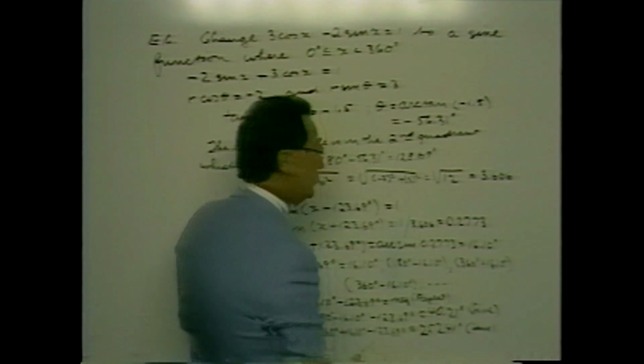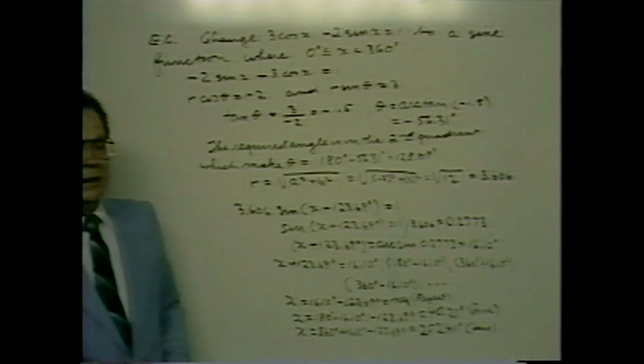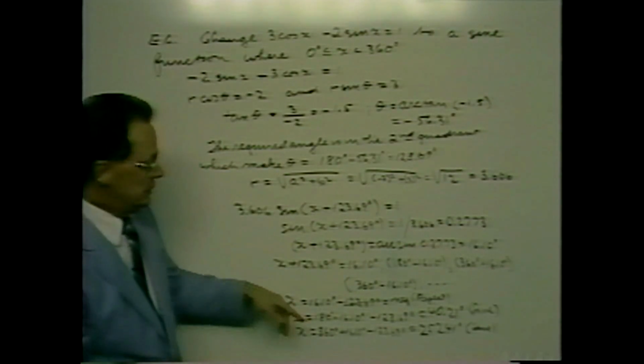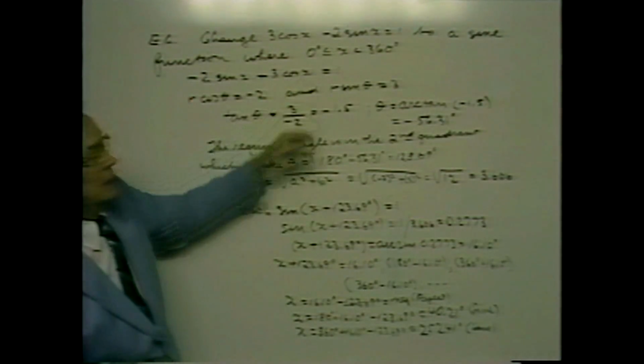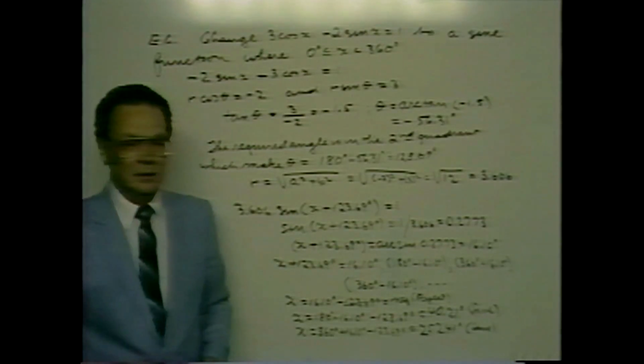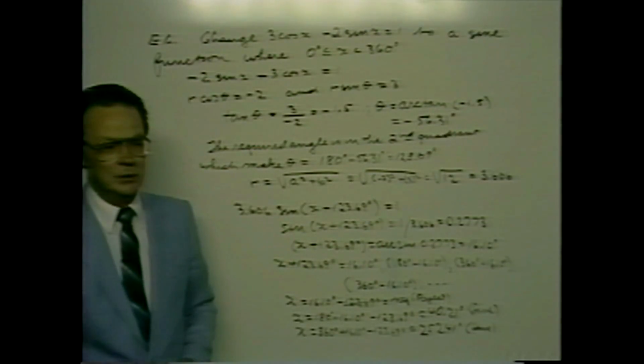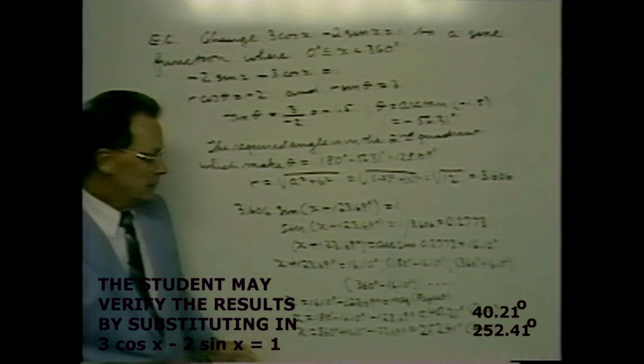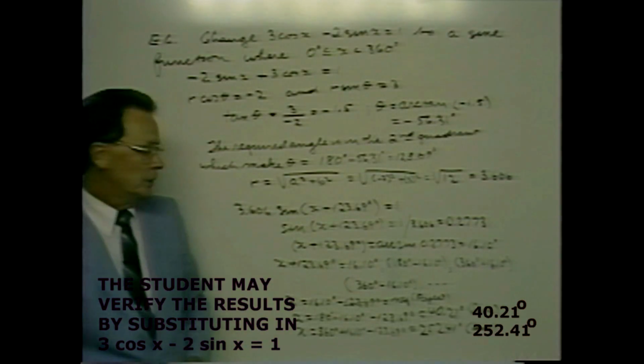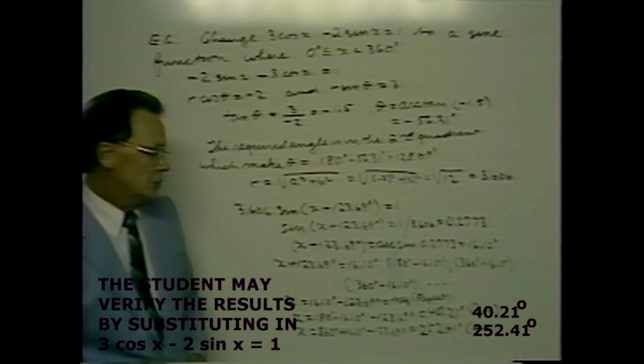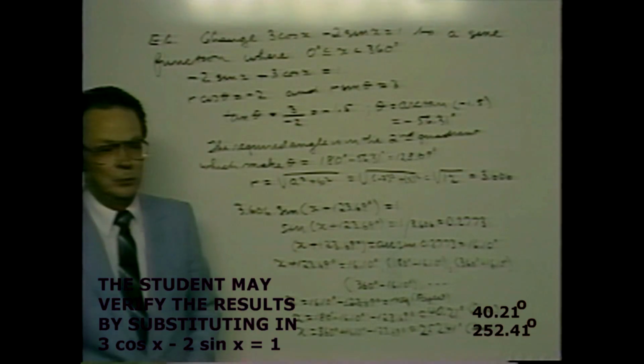And if you continue to try all these other related angles, you'll find that you're going to end up with answers, but that they will be outside of the domain that x is restricted within. So we have the two answers, 40.21 degrees and 252.41 degrees.